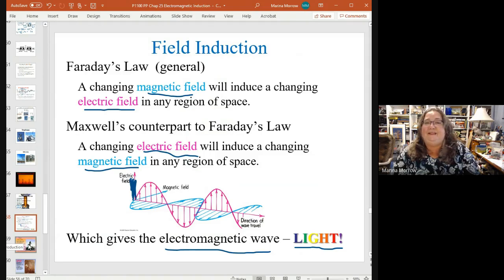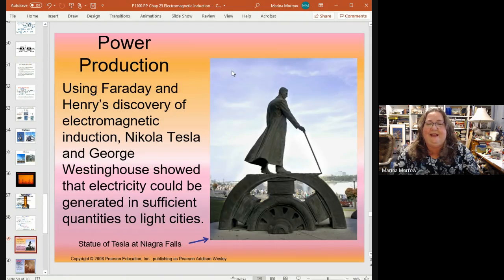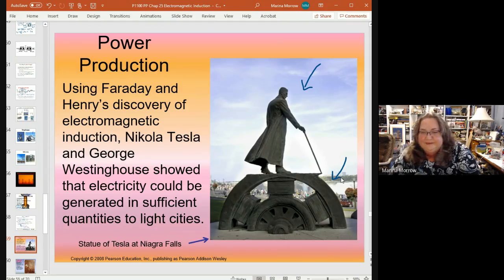Okay, so a little bit just about history again. Here is Tesla, a statue to him, which is at Niagara Falls, because his first big power plant that he built was at Niagara Falls. And this is showing his rotor here, or stator. And so what you've got is some coils of wire.